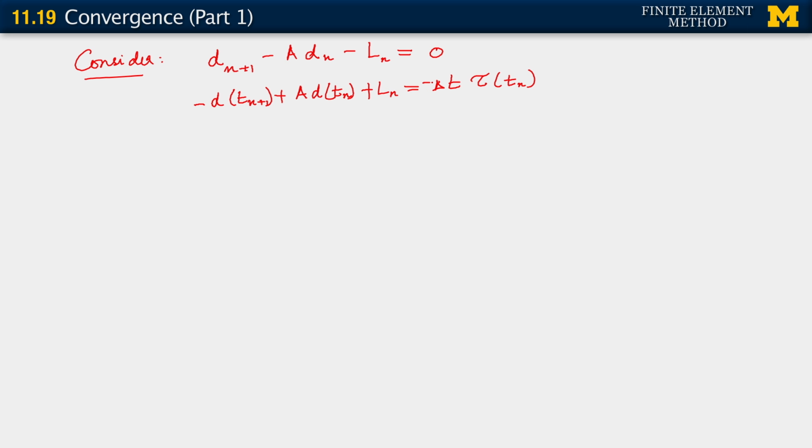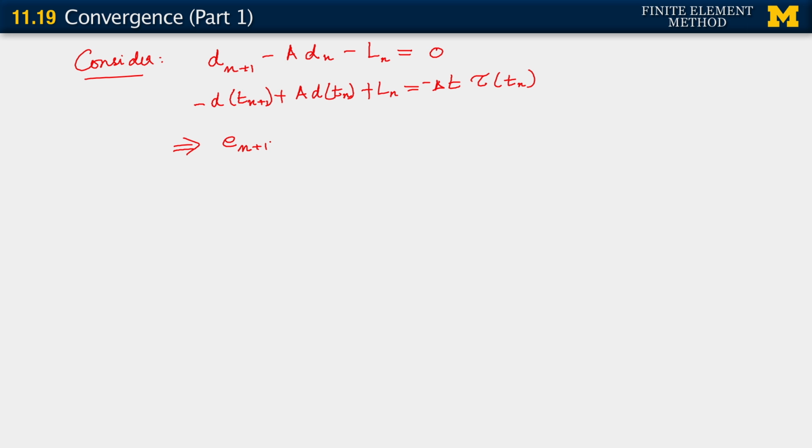And now when I add those two together, I get on the left-hand side d^{n+1} minus d at t^{n+1}, which is essentially our E at n+1.